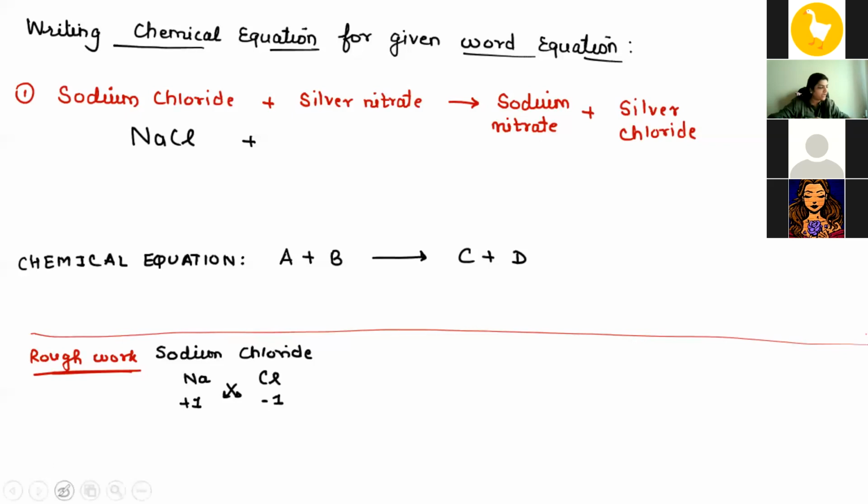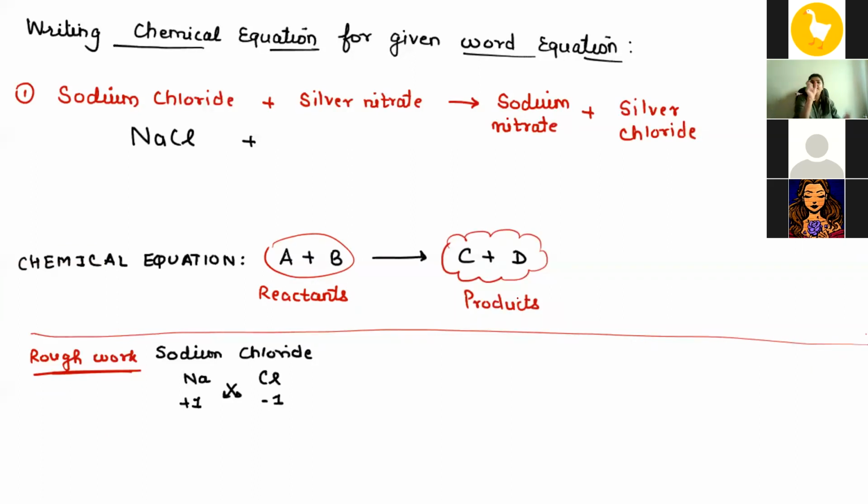Whatever compounds are before the arrow, they are called reactants. Reactants means raw material which is used to produce something, and whatever is after the arrow, they are called products. And the reactant and the product are separated by a symbol. So NaCl we have written.